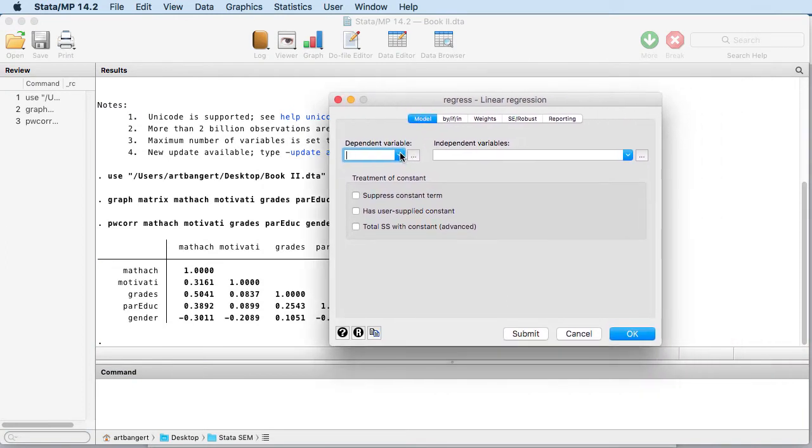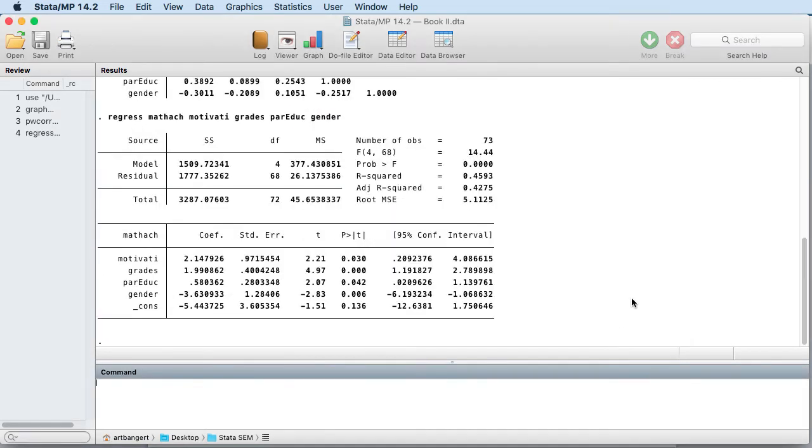Our dependent variable is math achievement, and our independent variables in this case are motivation, grades in high school, parents' education, and gender. Now we can go ahead and run our multiple regression analysis. You can see that in this case, we see our model sum of squares and the residuals.